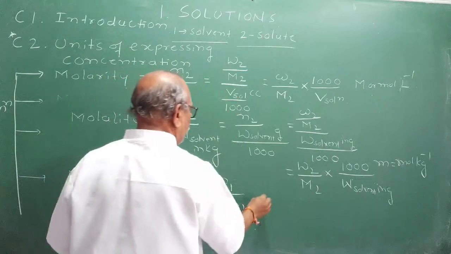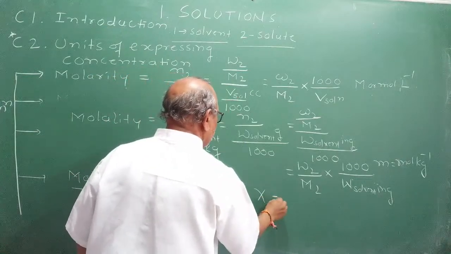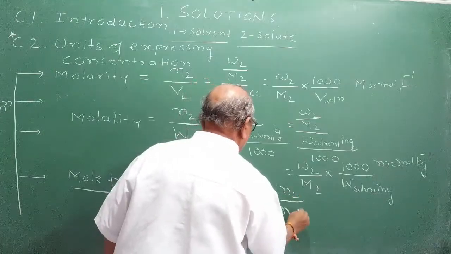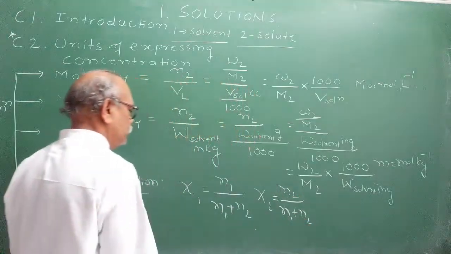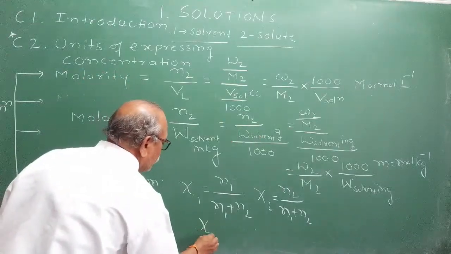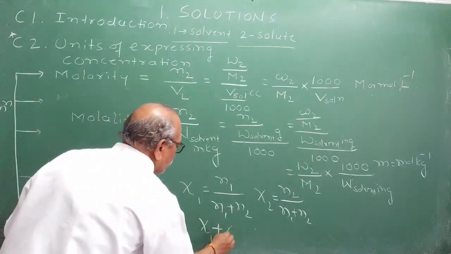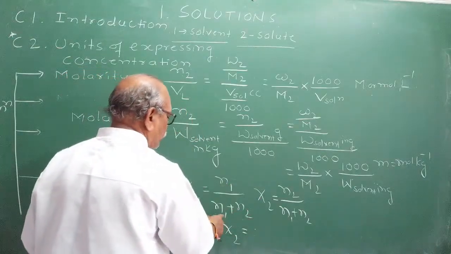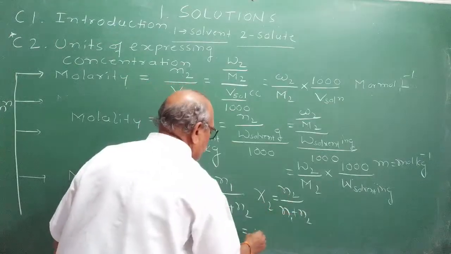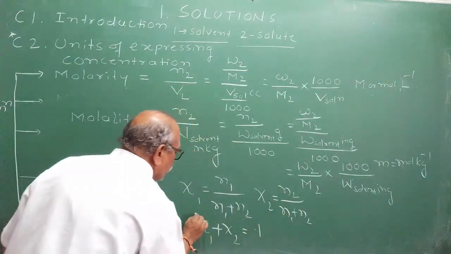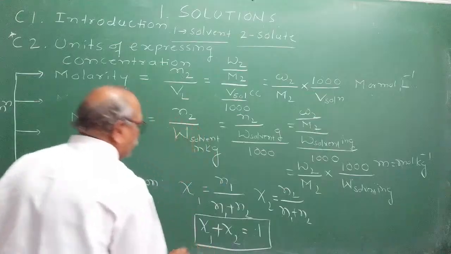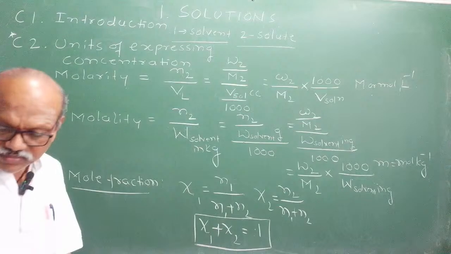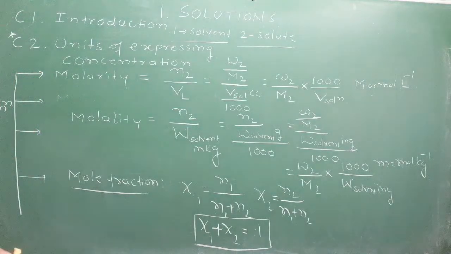This convention you remember. Then the mole fraction of the solute is given by N2 divided by N1 plus N2. And if you add chi1 plus chi2, that is the Greek symbol, you will get N1 upon N1 plus N2 plus N2 upon N1 plus N2, which becomes 1. Sum of the mole fractions of solute and solvent is always equal to 1. Right? I hope you understood.